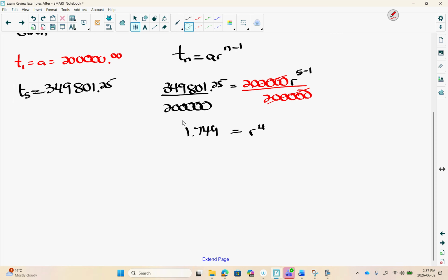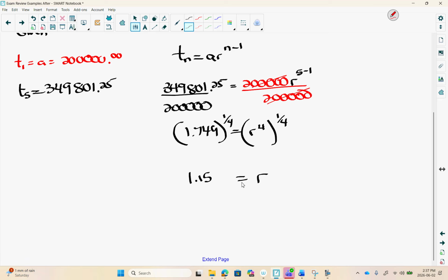Now I want to take the 4th root of both sides. Or I could raise both sides to the power of 1/4. So I could do this to get R, or I could do this. Either way, you're going to get R equal to 1.15. 1.15 is my R value.